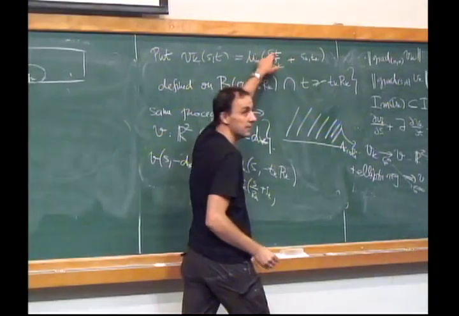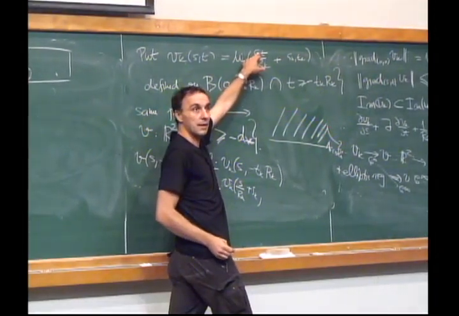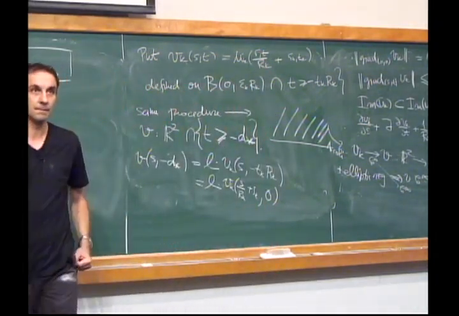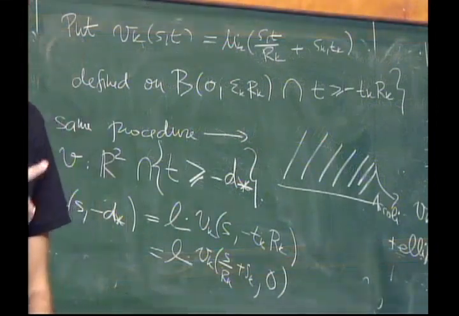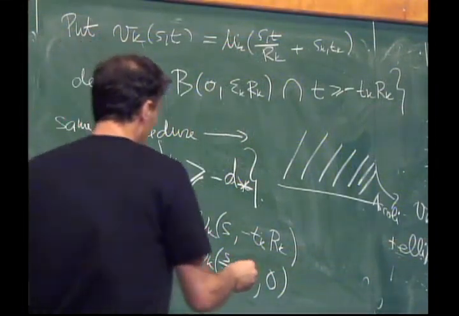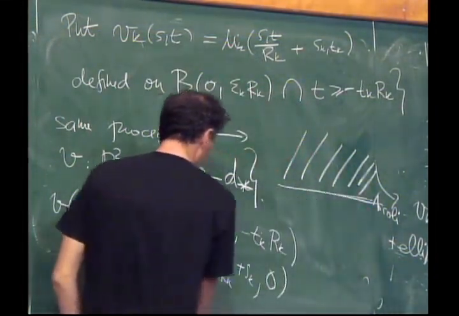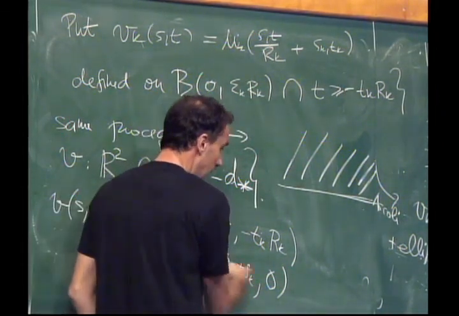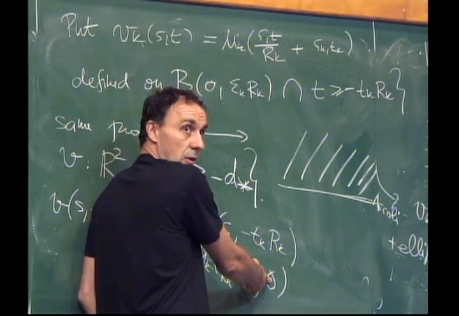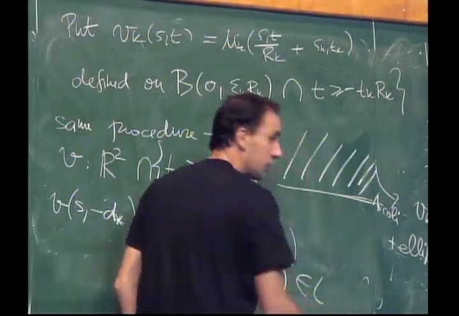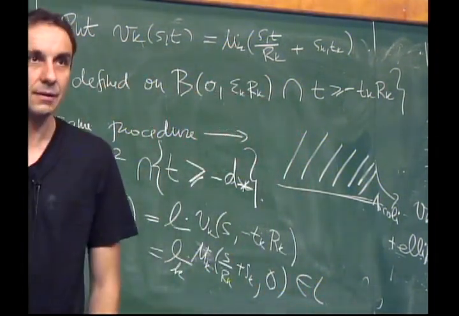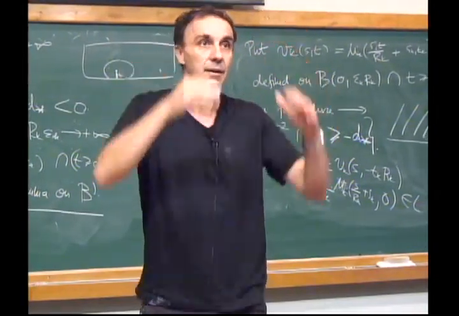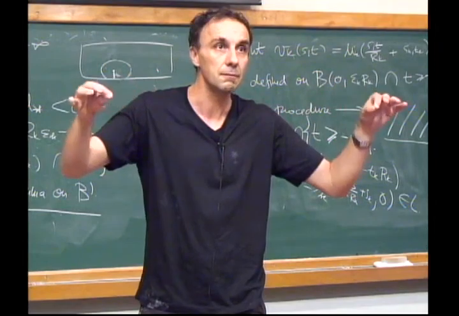And if you replace T by minus Tk Rk, you get 0, which means that UK sends this boundary into the Lagrangian. Okay? So what you get here is a half plane with a Lagrangian boundary.